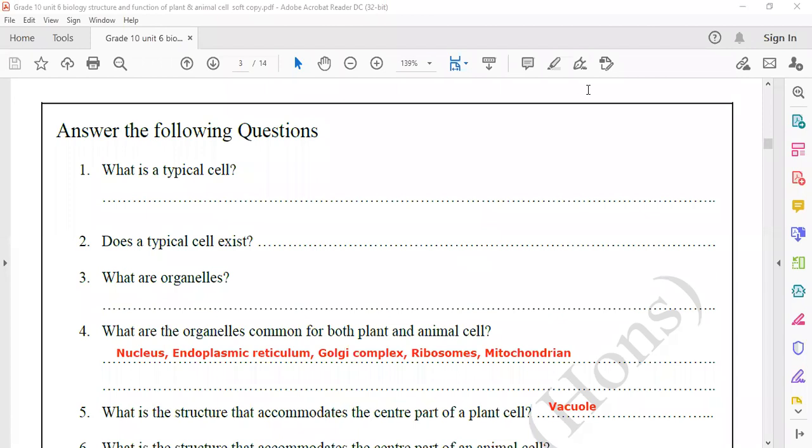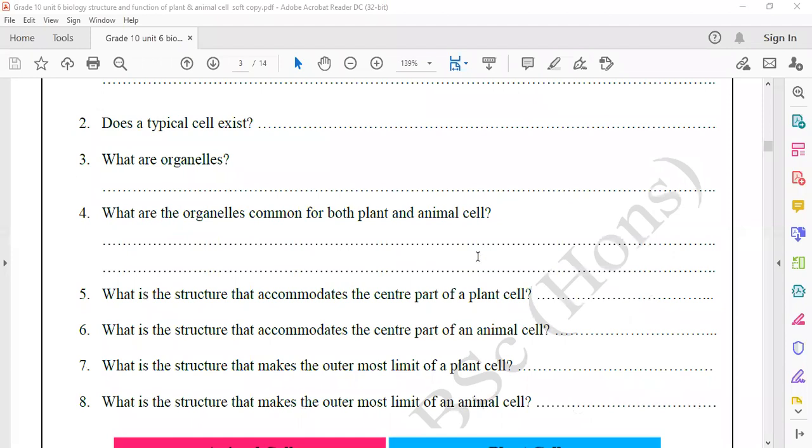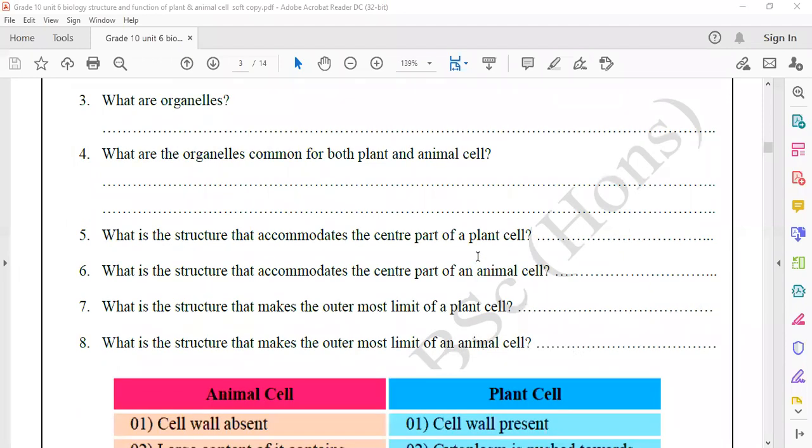Right? When you clear it and go to the next question, what is the structure that accommodates the center part of the animal cell?